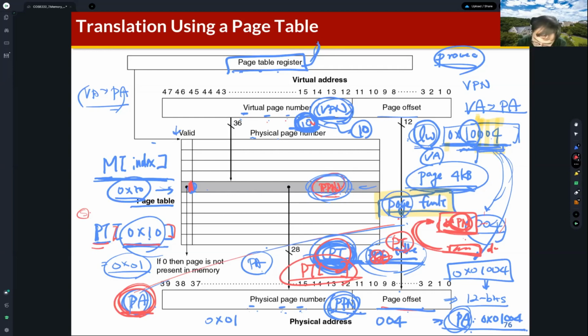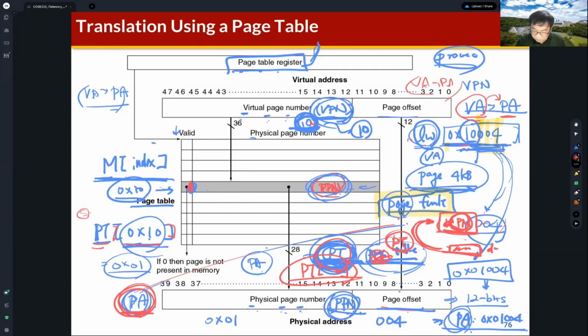Now what's the problem? Let's say a load word is executed by a processor. In order to access the real data, the virtual address needs to be translated into the physical address, which means we need to access the page table, which is in main memory. So for every virtual address to physical address translation, we need to access main memory. What's the problem?